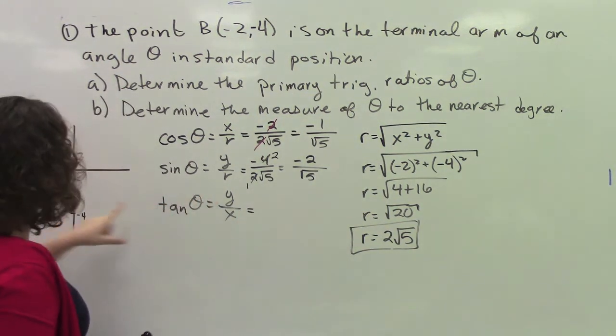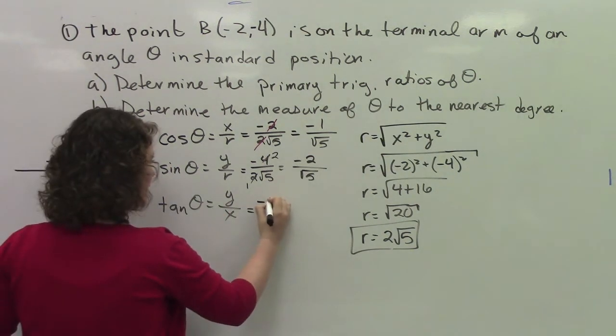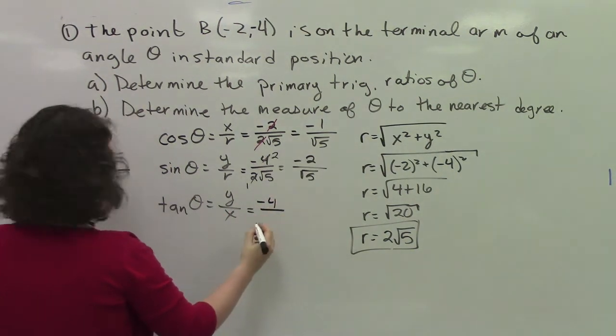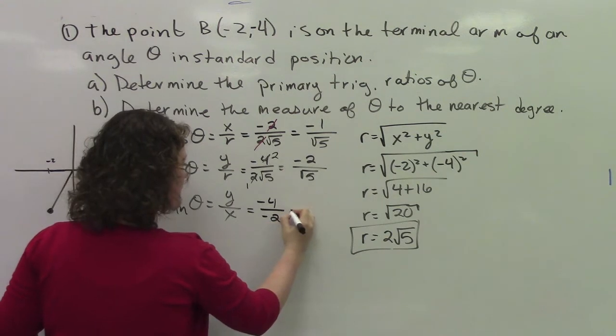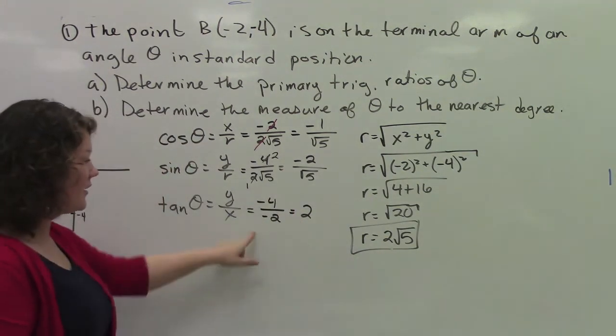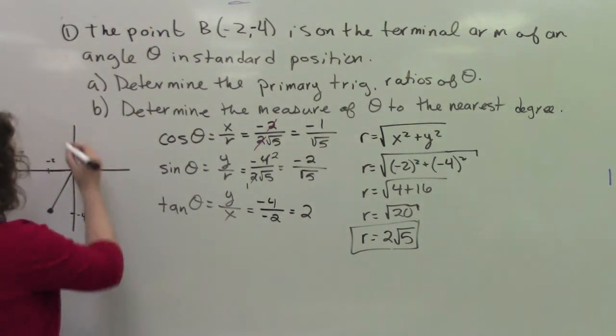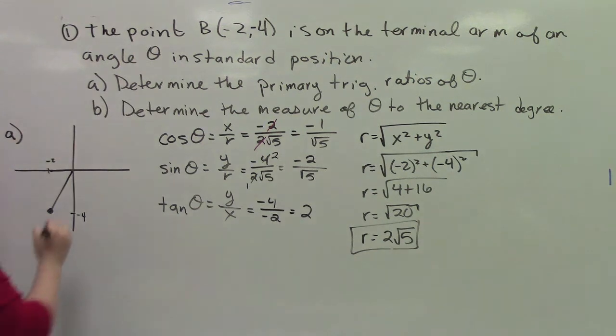Now this one's the easy one. We have y is -4, and we have x being -2. So we know that tan is just plain 2. -2 goes into -4 two times, exactly. Okay, so that's our A. Lovely, done, check mark. What did we do again?